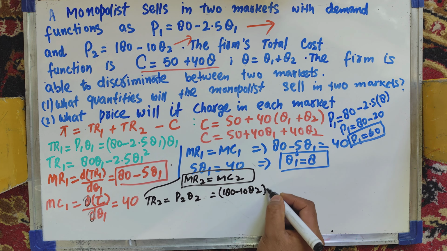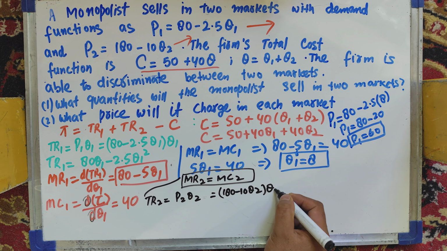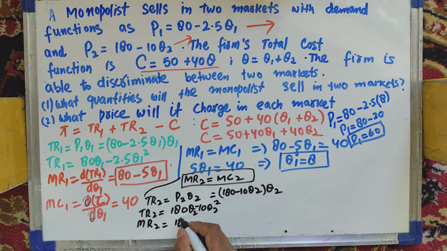Multiplying by Q2, total revenue is 180 Q2 minus 10 Q2 squared. The marginal revenue is the derivative with respect to Q2. The derivative of 180 Q2 is 180. The derivative of Q2 squared is 2 Q2, so 2 times 10 is 20 Q2. This is the marginal revenue.